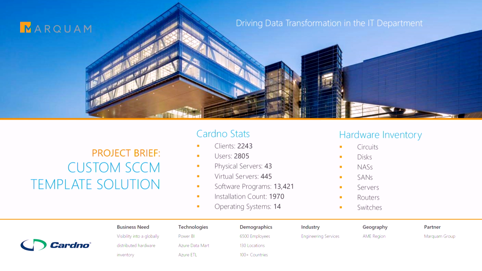Nothing like Microsoft's, of course, but still quite sophisticated for their team. They have over 2,000 devices that they need to manage, more than 500 servers, most of those virtual, but they still have to manage those servers. 20,000 different software programs, installed over 14 different operating systems.